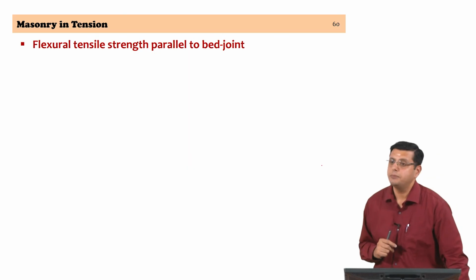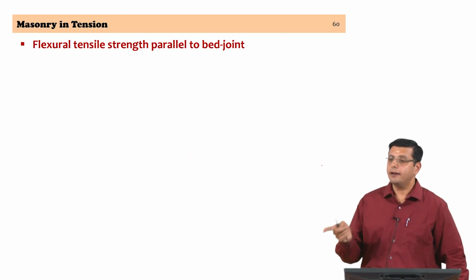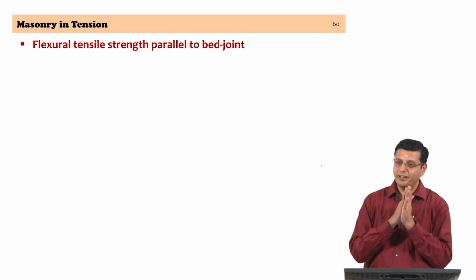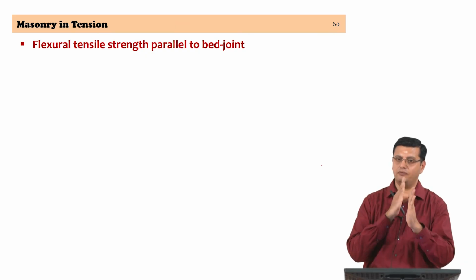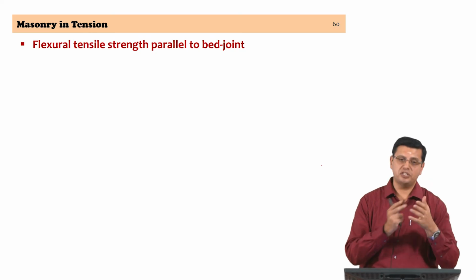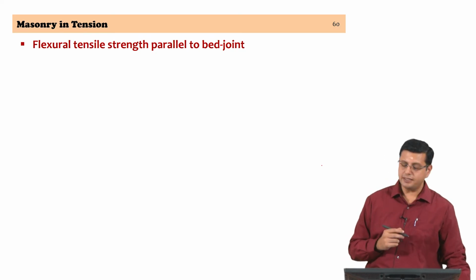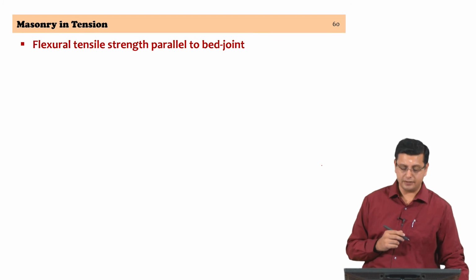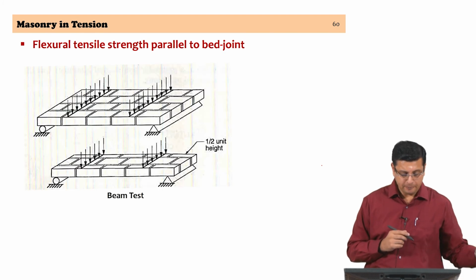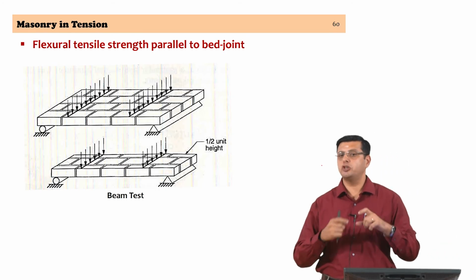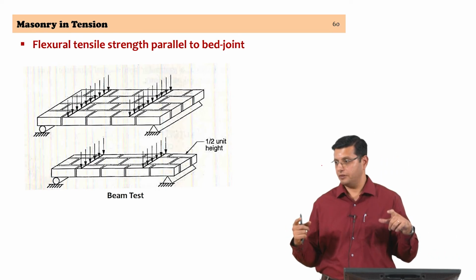But if you were to estimate the flexural tensile strength now parallel to the bed joint, if you want failure of the unit to happen in the bed joint with failure due to torsion and shear induced due to torsion, how do you do that? So, there are modified tests to estimate the flexural tensile strength parallel to the bed joint. If you remember the previous case, flexural tensile strength normal to the bed joint, a beam test was being carried out, right.